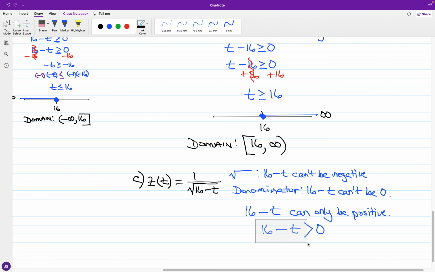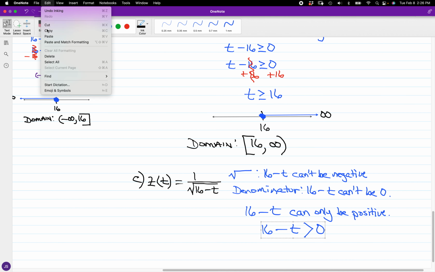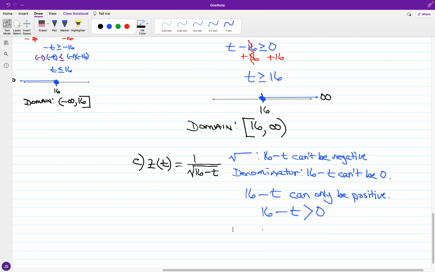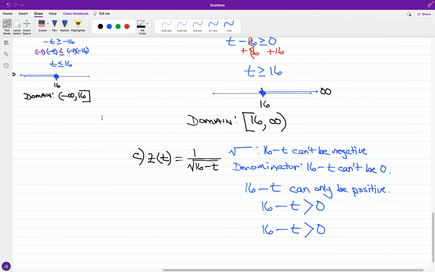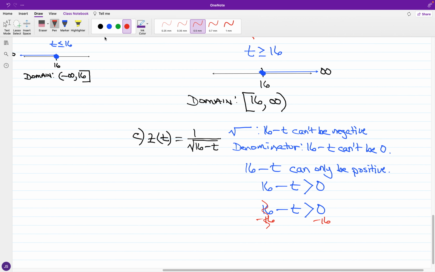And so setting things up and solving for t, we now take 16 away from both sides. So we're back to where the isolated variable term is negative t. So negative t is greater than negative 16.